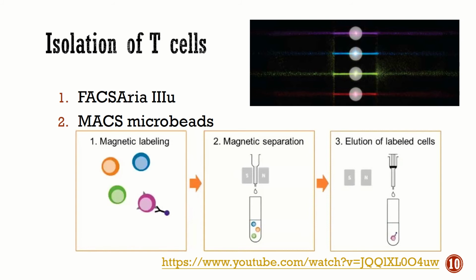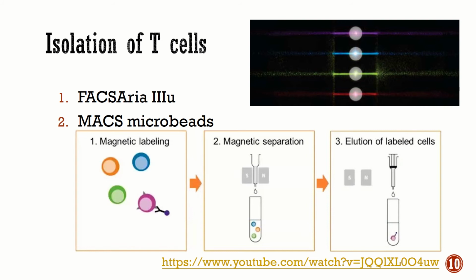And then after this first process of separation, it will go through MACS microbead separation, and it will be based on magnetic separation. Because the microbead is covalently bound with antibody, this antibody can bind to specific kinds of cell surface protein.